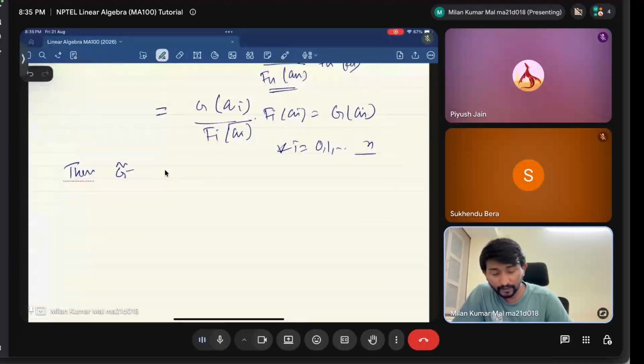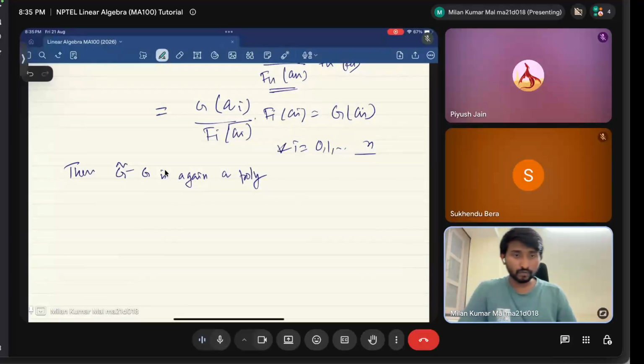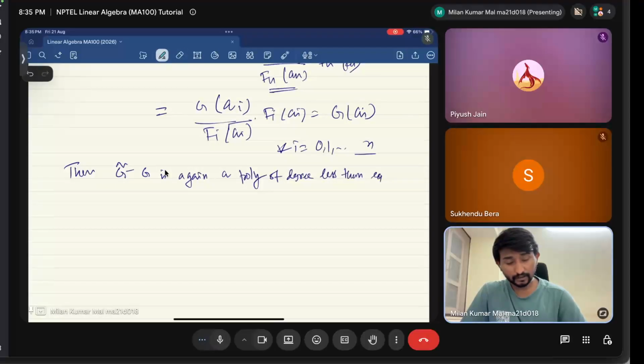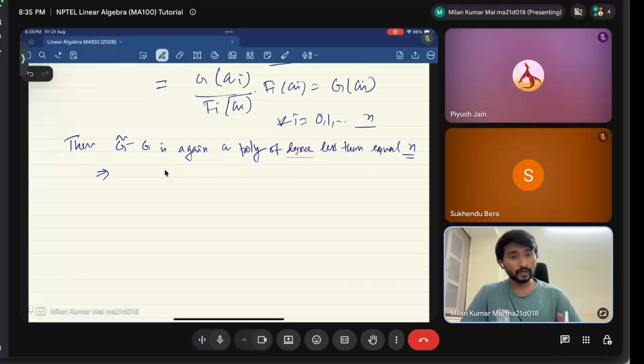Then clearly, g tilde minus g is again a polynomial, and as g and g tilde have degree at most n, g tilde minus g also has degree less than or equal to n.